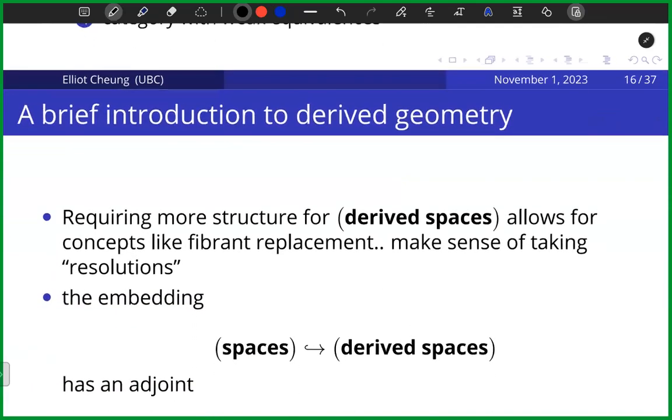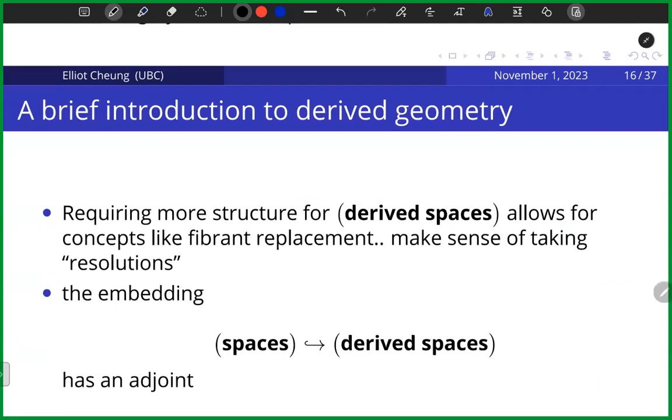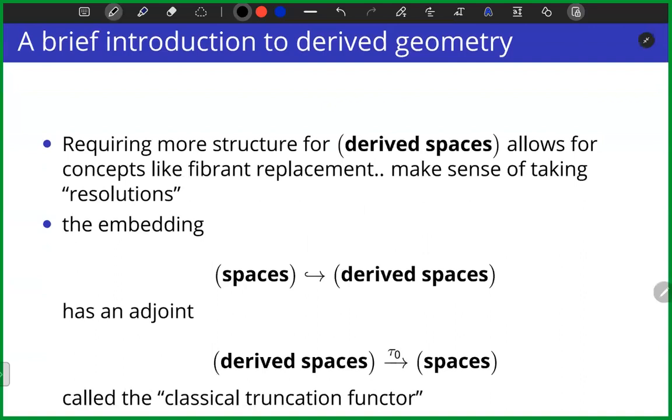Then if you have this embedding of spaces into derived spaces, there's an adjoint, which is called the classical truncation functor, so that if you ever map a derived space to a classical space, it would have to pass through the classical truncation. That's the universal property that it satisfies.